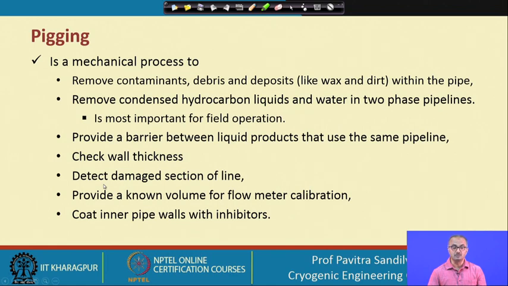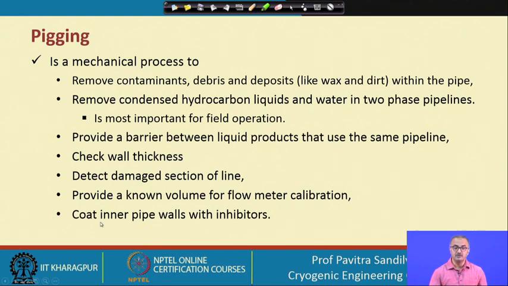Then these pigs can also be used to find out the damaged section of the line, and by putting some kind of sensor over the pigs, we can detect the damage in the pipelines, and to provide a known volume for flow meter calibration. So I can fix the amount of the fluid to be passed between two pigs, and that is how I can calibrate some kind of flow sensor.